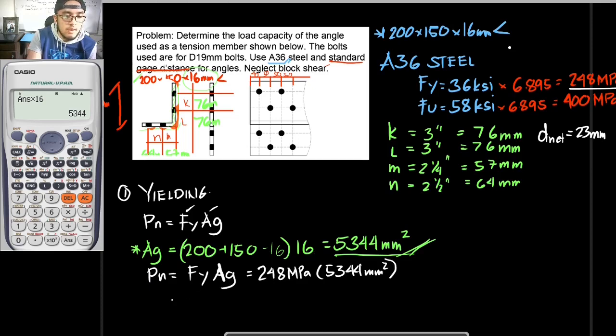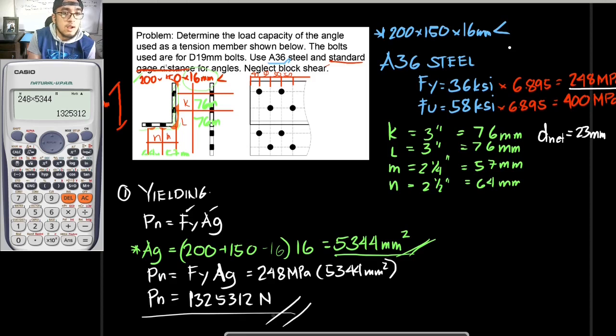So, multiplying those, 248 times 5344, we would be arriving at an answer of 1,325,312 newtons. So, that is to be your Pn.